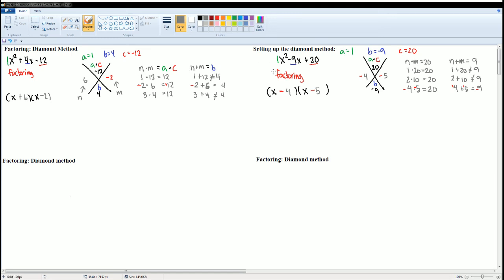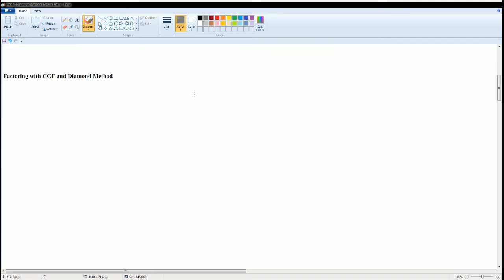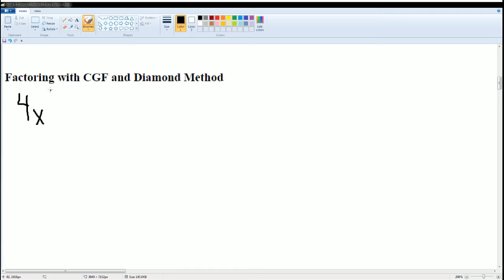Watch when I set up this problem. The example here is going to be 4x squared plus 32x plus 28.